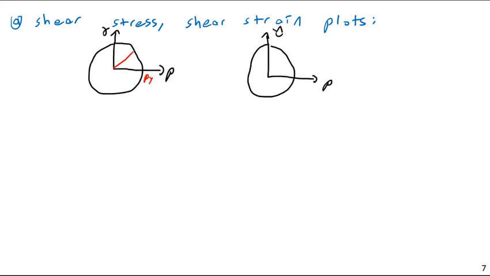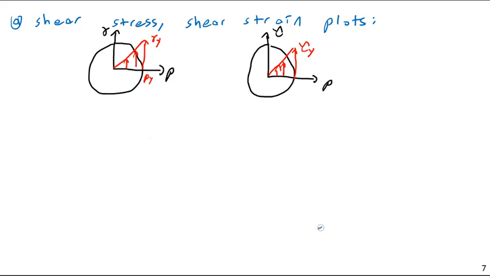And this is just a simple linear relationship with our elastic strain here, gamma y, linearly increasing from 0. And our stress is going to be very similar. It's just going to increase up to the point where we have the yield stress right on the outer surface of the circle. Tau yield like so.